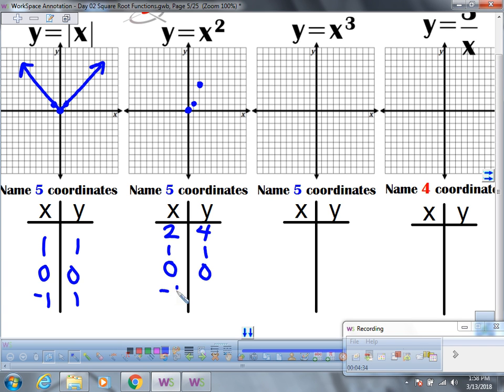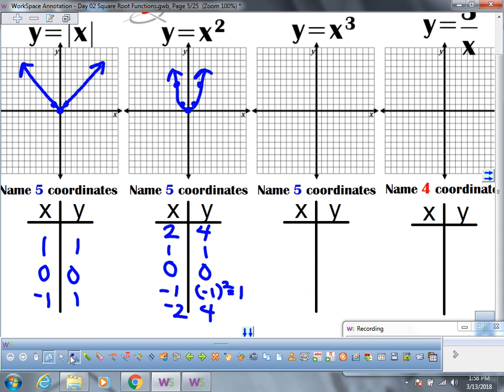And if I go in the negative direction 1 and I square negative 1, negative 1 squared is just 1, and negative 2 squared is 4. It can have imaginary roots, but as I'm plotting them, there's not going to be any imaginary.